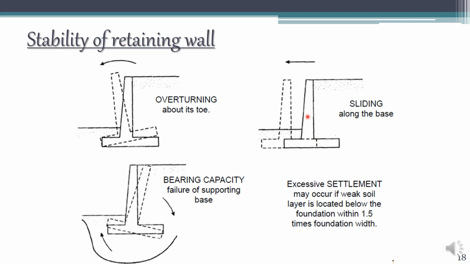When the sliding force is higher than the frictional force, we have a sliding failure. And the last kind of failure is bearing capacity failure, wherein the pressure at the bottom increases greater than the bearing capacity of the soil.